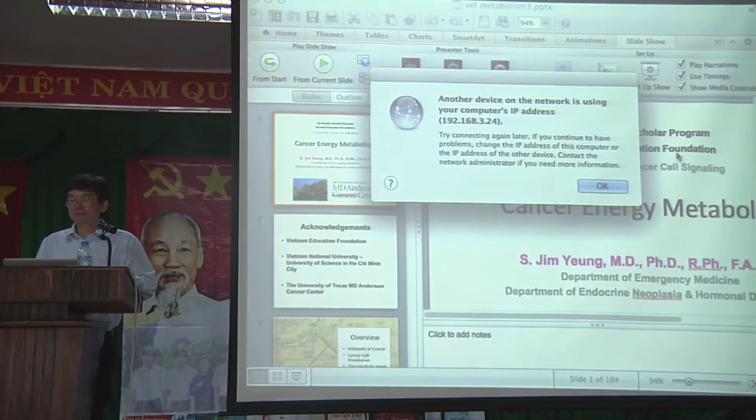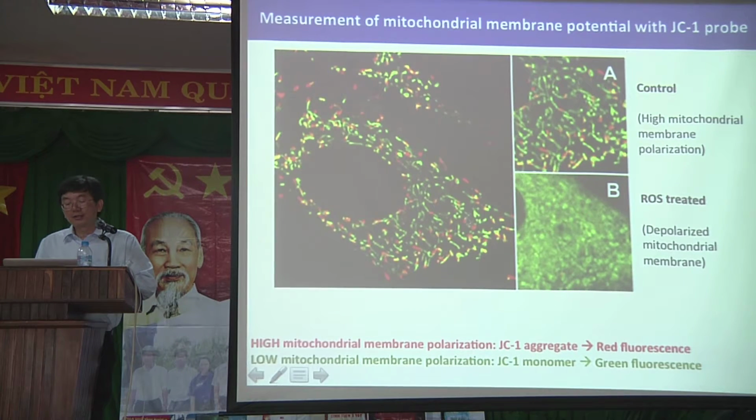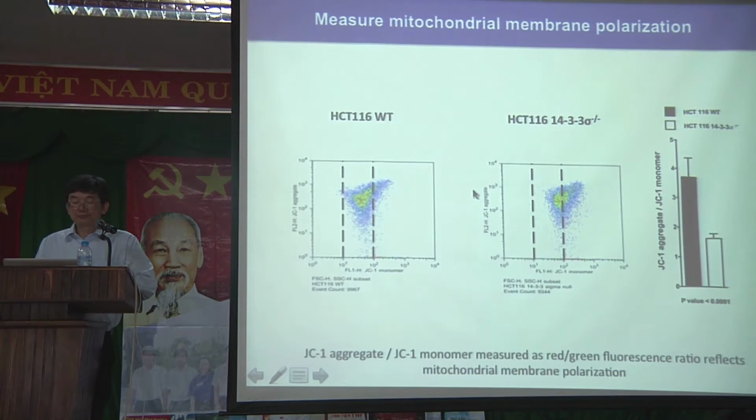So if you quantitate the ratio of the red fluorescence and the green fluorescence, you can tell that the mitochondria are polarized. From this ratio of the red fluorescence and the green fluorescence, you can run flow cytometry and assess and evaluate the mitochondrial membrane potential of a population of cells.